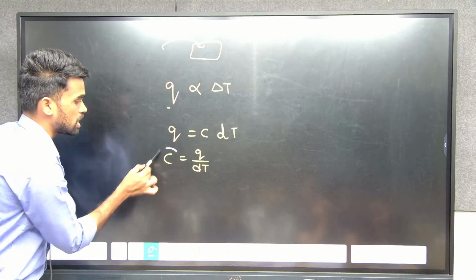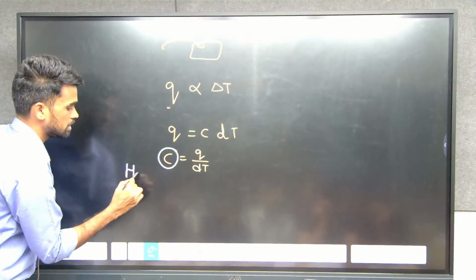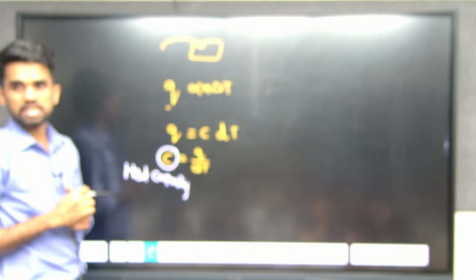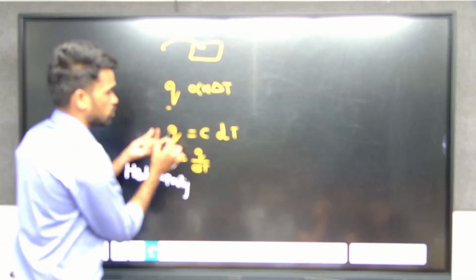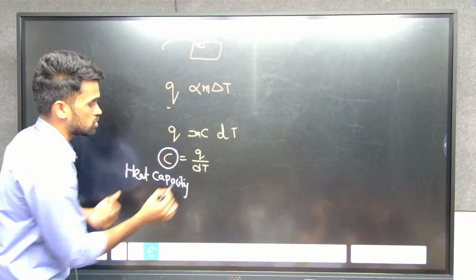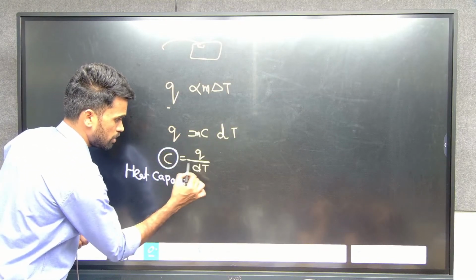So what is this C called? Heat capacity. Next one. See, for some amount of substance, let us say m amount of substance we have, then Q equals m c dT. Now c equals Q by m dT.